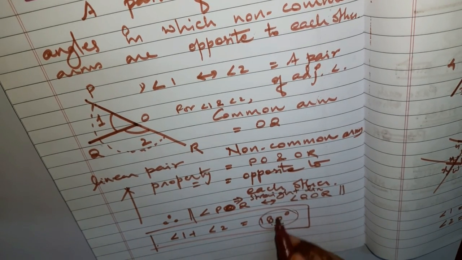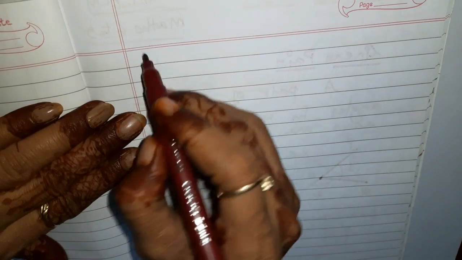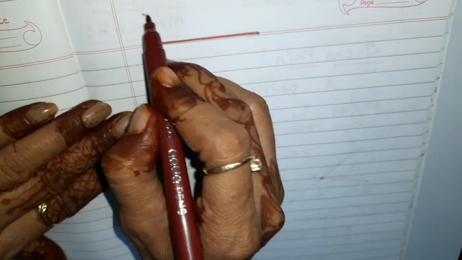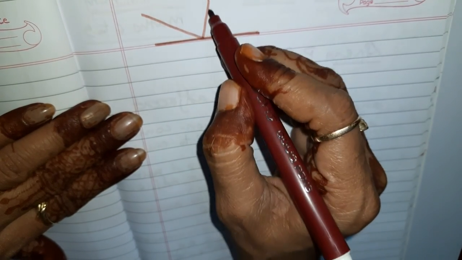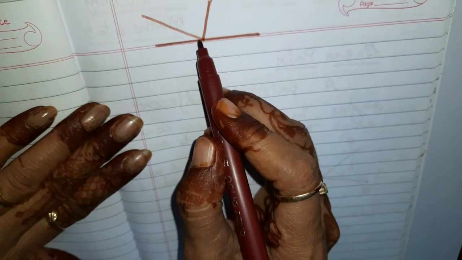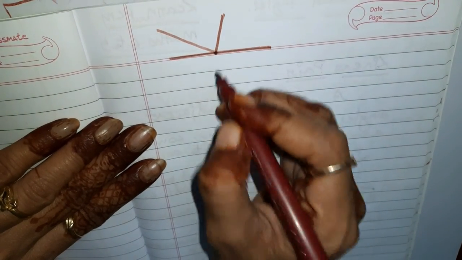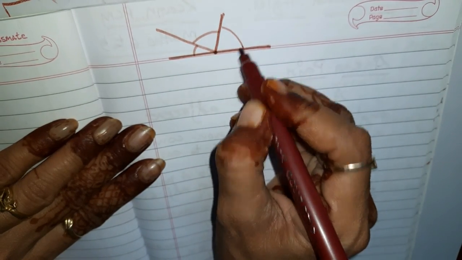For example, I'm showing to you. Suppose you have one straight line, and more than two angles are formed on a straight line at a single point. Then the sum of all these is going to be equal to what?